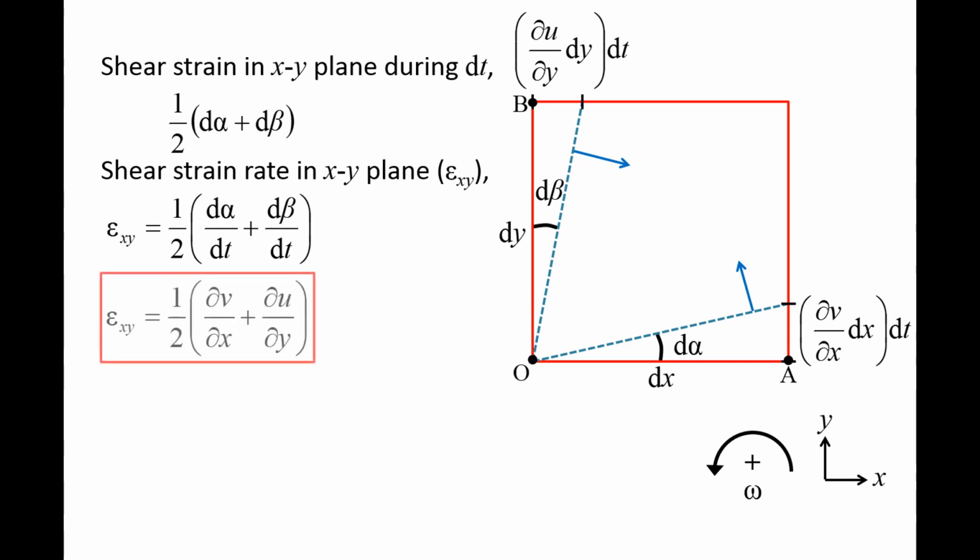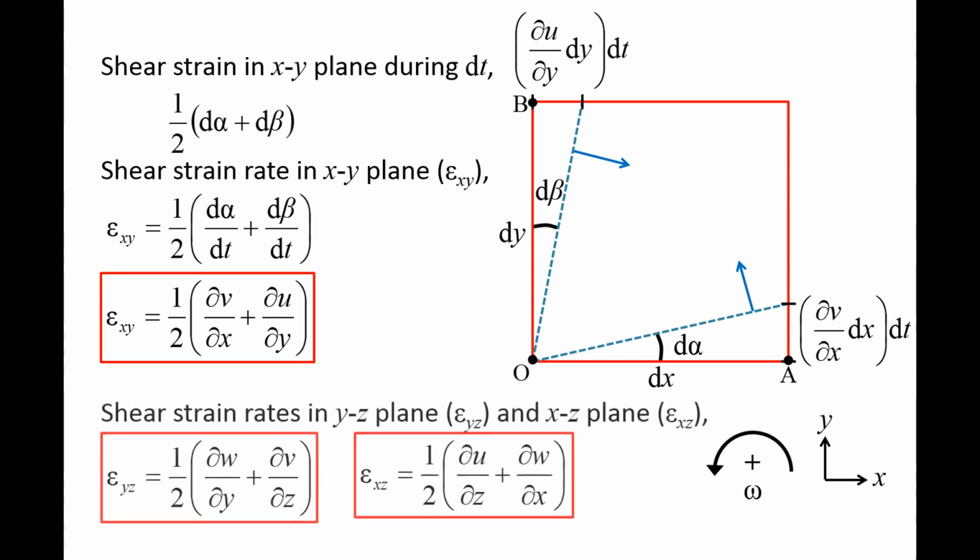Earlier we found that d alpha dt is equal to partial v partial x, and d beta dt is equal to partial u partial y. So the shear strain rate can be written as 1/2 times the quantity partial v partial x plus partial u partial y. If we analyze the shear strain rates in the yz and xz planes, we would find similar expressions but with different derivatives.